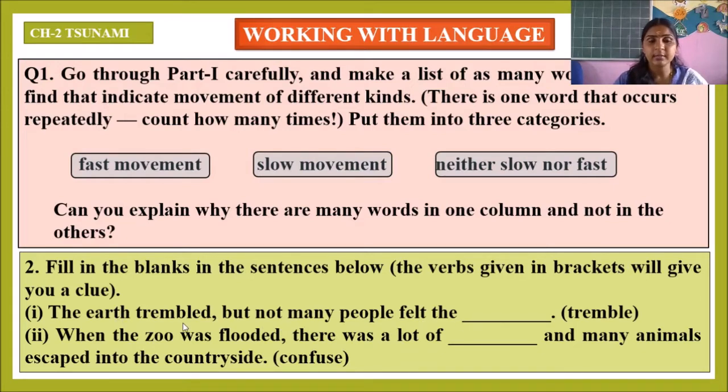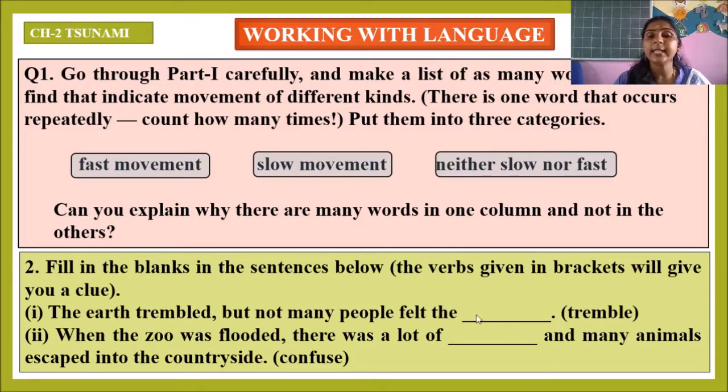The earth trembled, but not many people felt the dash. Here also trembled came. So here the verb is tremble. So what can we write? Many people felt the tremble or trembled? It will come: but not many people felt the trembling. What is it? Trembling.